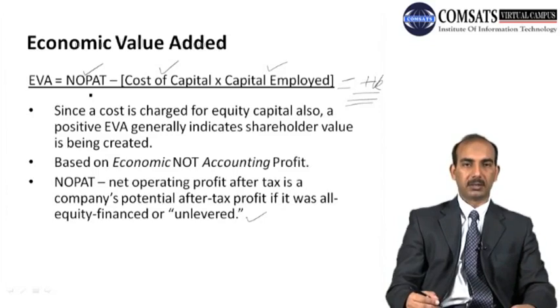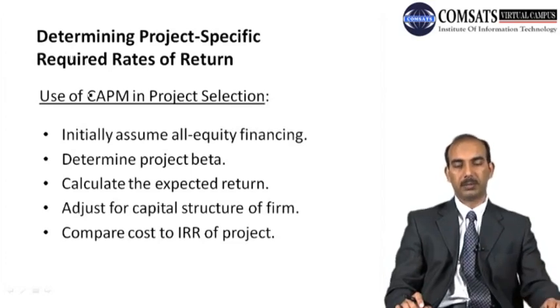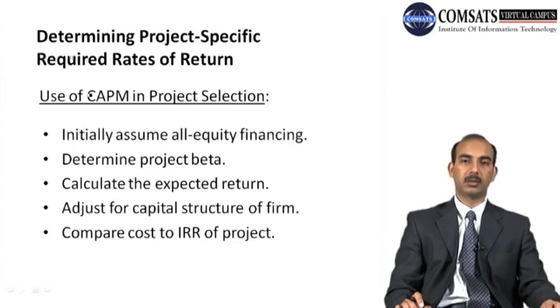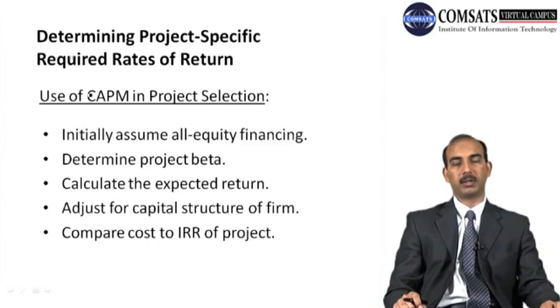operating profit after tax. And now we will be discussing determining project specific required rates of return, and how we do it. We use Kappa in the project selection, and we have to perform these functions. That is, initially assume that all the financing comes from equity financing, and determine project beta.